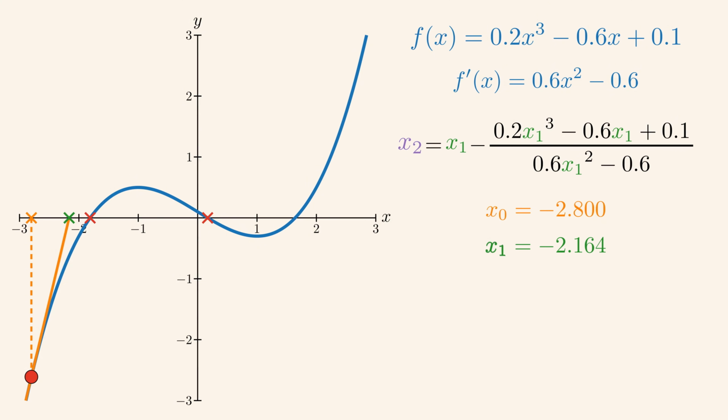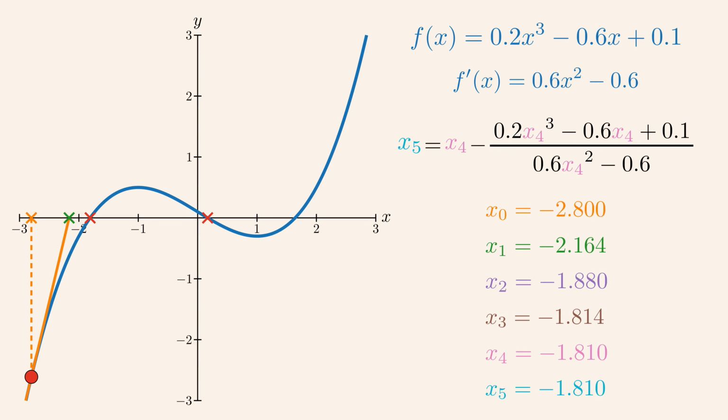Then we plug in x1 to get x2. After that, we plug in x2 to get x3. As I mentioned earlier, we can use this formula almost blindly. Keep plugging each new value back into the formula until two consecutive values match, at least to 3 decimal places.